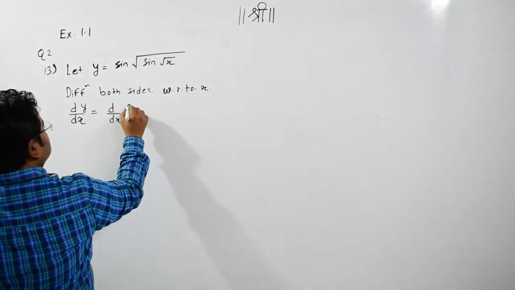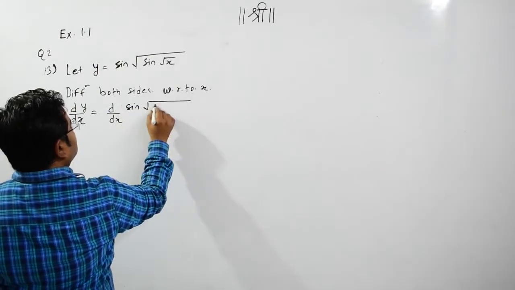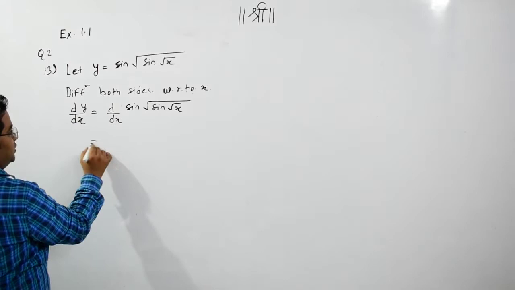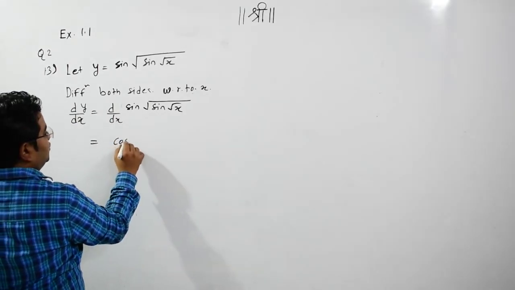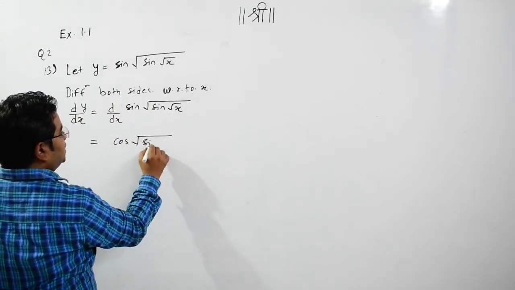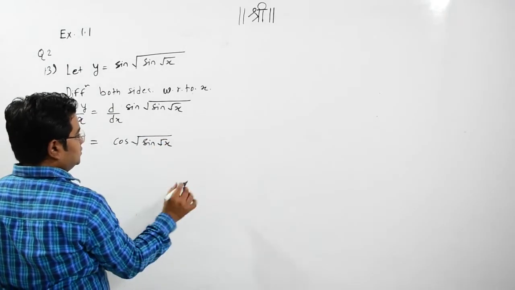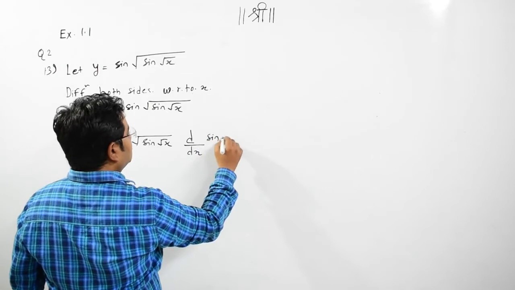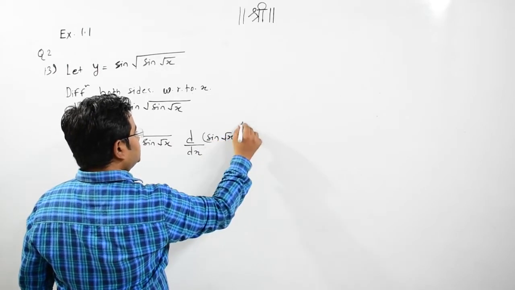So, under root of sine of under root of x. If you differentiate, what is the derivative of sine x? It is nothing but cos of under root of sine under root of x. Now the derivative of d/dx of (sine under root of x) raised to 1 by 2.